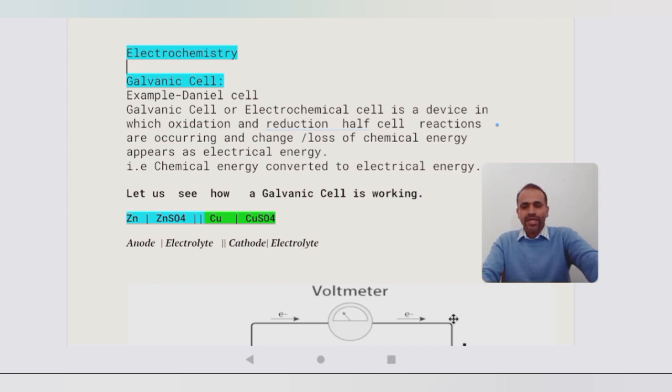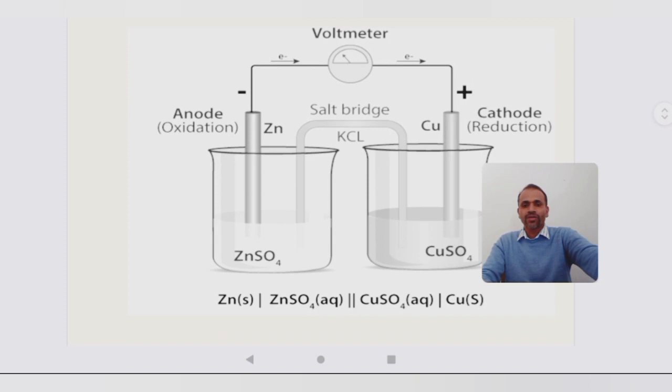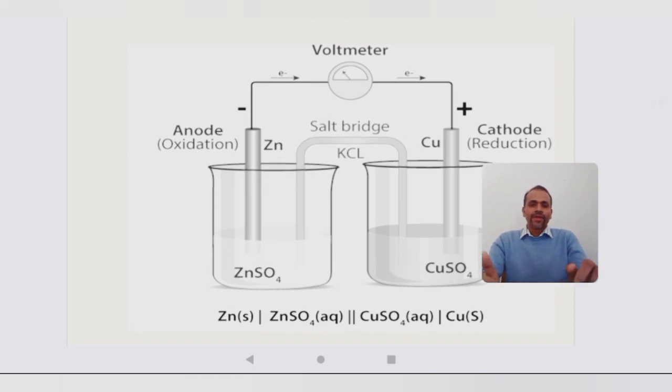When you see the diagram, you can see there are two beakers. In one beaker, a zinc rod is dipped in zinc sulfate, which is an electrolyte. On the other side, a beaker contains copper sulfate, the electrolyte, an aqueous solution of copper sulfate, and it has a metallic copper rod.